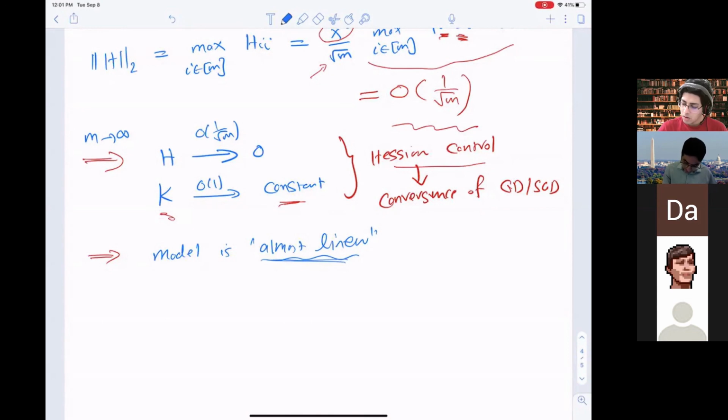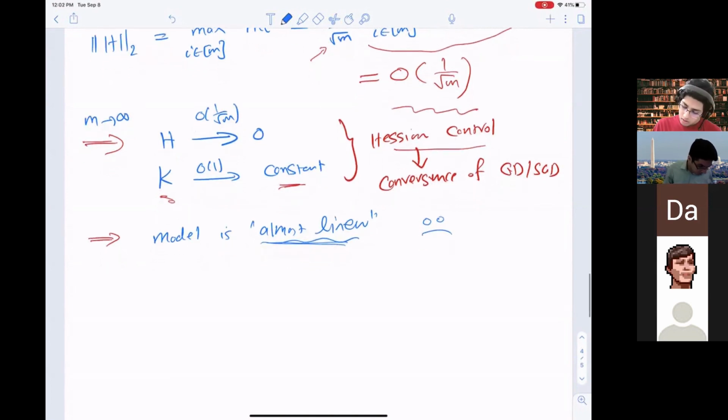So this is not very good, right? This doesn't fully explain what is going on in overparameterization in deep learning. All right, so how can we think about this problem?